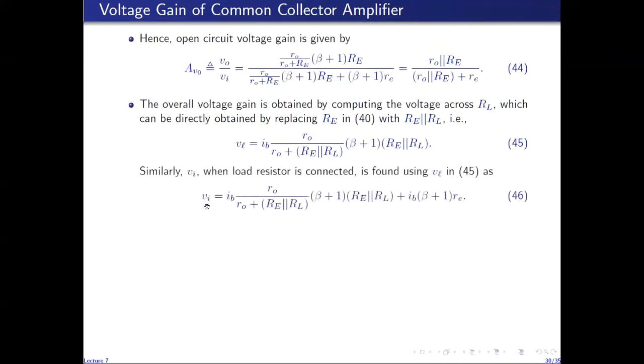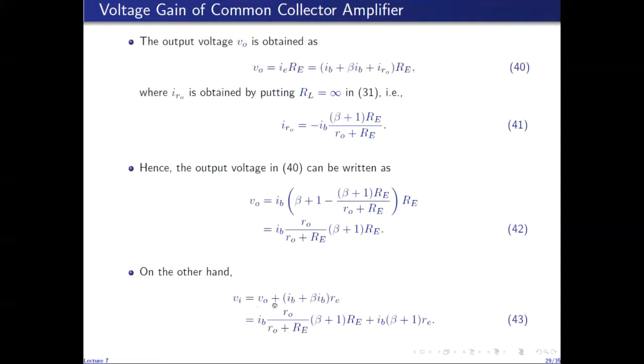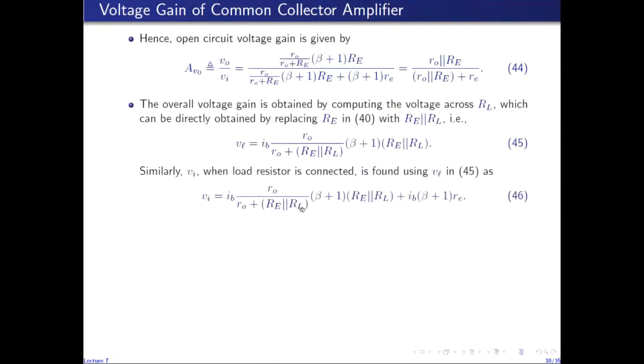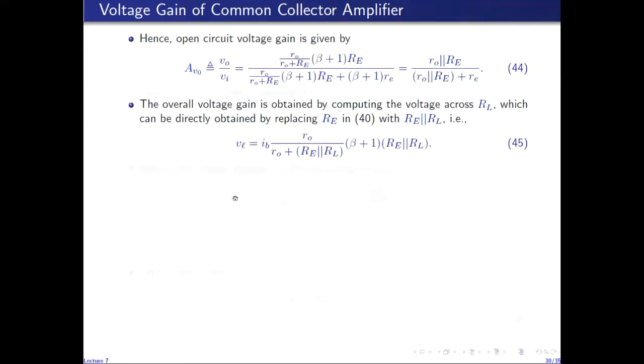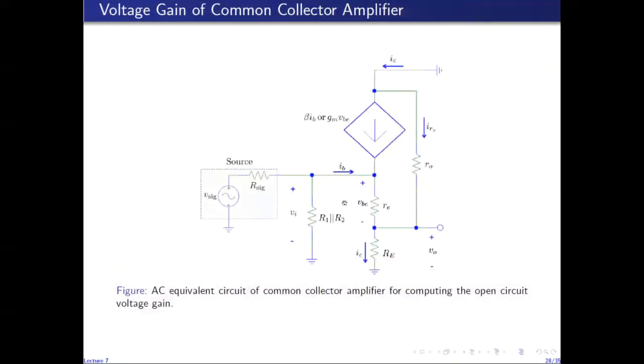Furthermore, because VI depends on V0, we can directly write VI as the sum of VBE plus VL. So now when I connect the load resistor back, I call the output voltage V0 as VL. So VI is the sum of this voltage plus VL.